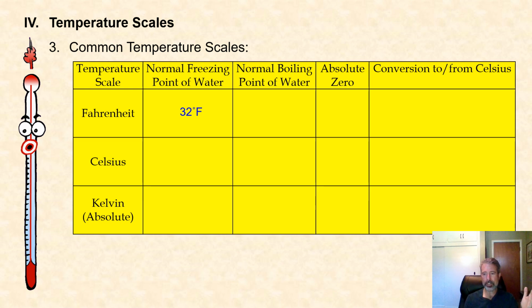There's very little relationship between these two points, or I should say one that makes a lot of sense. So the normal freezing point of water on the Fahrenheit scale is 32 degrees, on the Celsius scale is 0 degrees, and on the Kelvin scale it is 273. We don't actually say degrees, we just say 273 Kelvin. When we look at the boiling point, on the Fahrenheit scale it's 212 degrees Fahrenheit, on the Celsius scale 100 degrees Celsius, and on the Kelvin scale, it's 373 Kelvin.